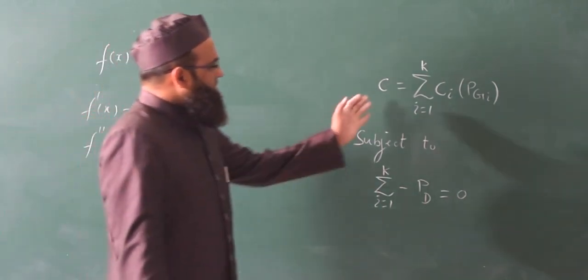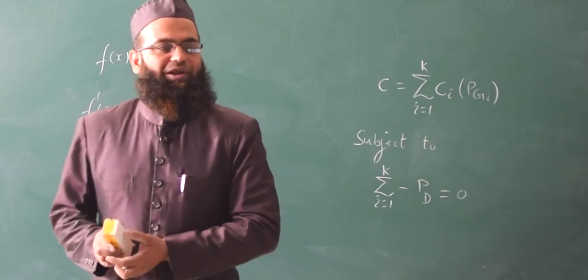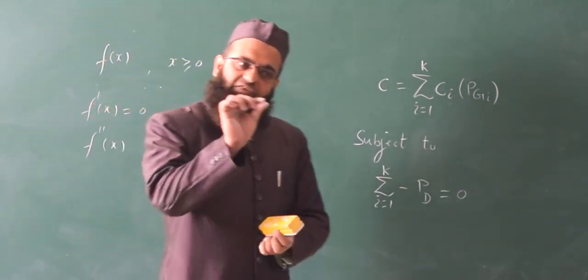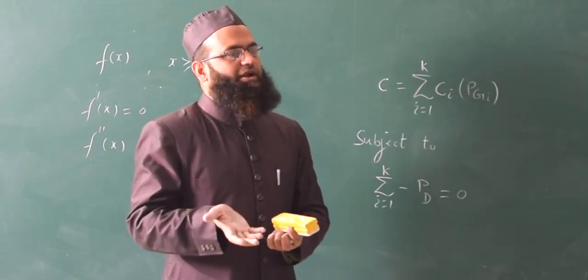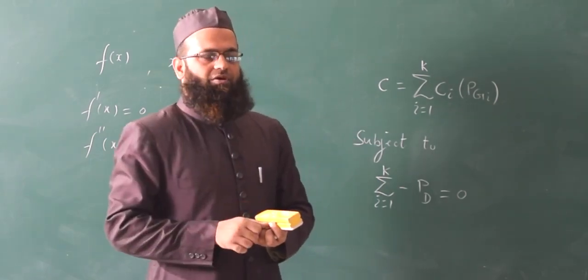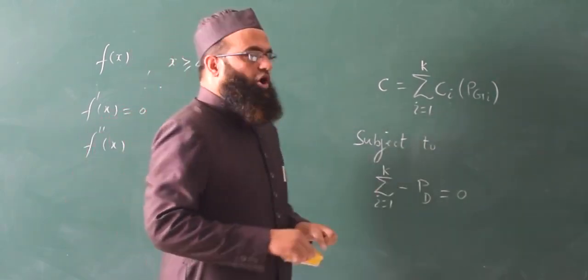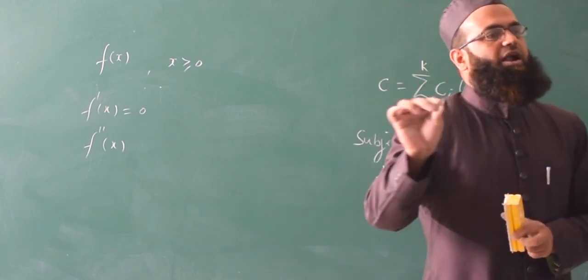So our problem is, how many variables are there? Not one. K. PG1 is a variable. You don't know the value of PG1. You have to calculate the optimal value, to get the minimum cost, because cost of each unit depends on the generation of that particular unit.